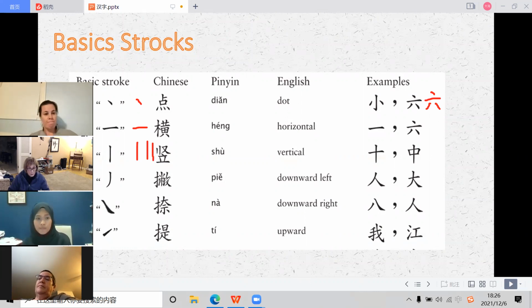And this one is 撇, downward left like this. 撇. For example, this is 人 and the first stroke is 撇. And this one is 捺. 捺, right, like this.